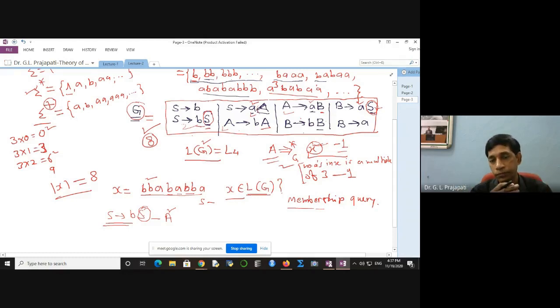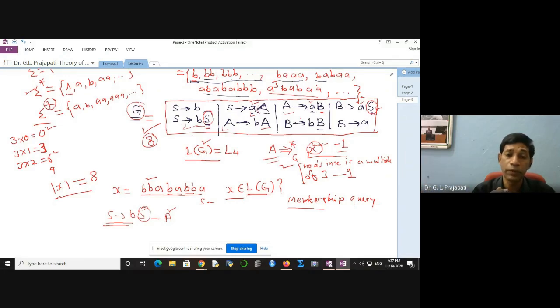If you have a larger number of rules, 100 rules, 200 rules, 500 rules, and you are given some string, the computer will find all possible combinations. So the computer has to exercise all choices, and if on exercising all choices there is no way to obtain the given string, then the computer will say that the given sentence is not in the language.